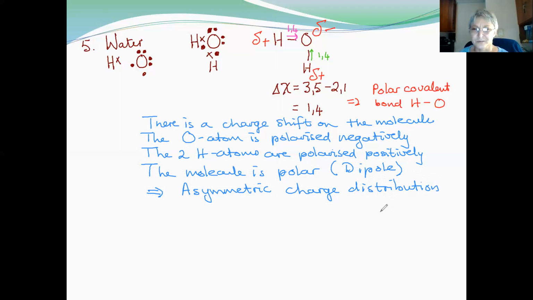The last example in this video is going to be ammonia. Now, ammonia has hydrogen in it and it has nitrogen in it. So nitrogen has 5 valence electrons, hydrogen has 1.